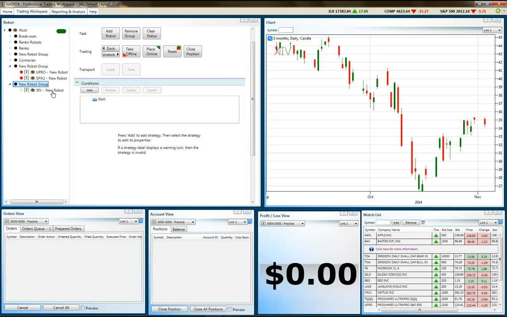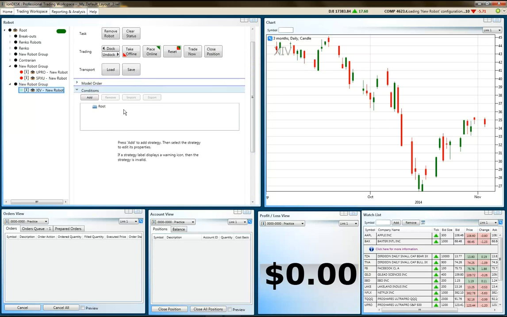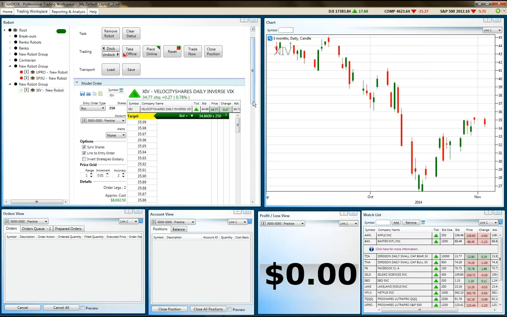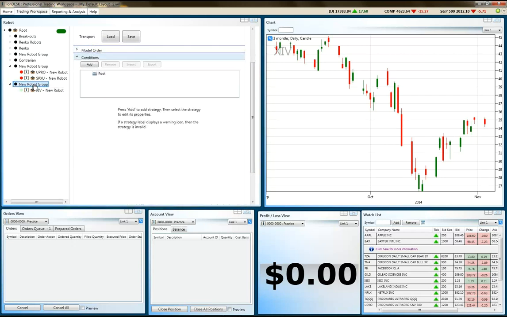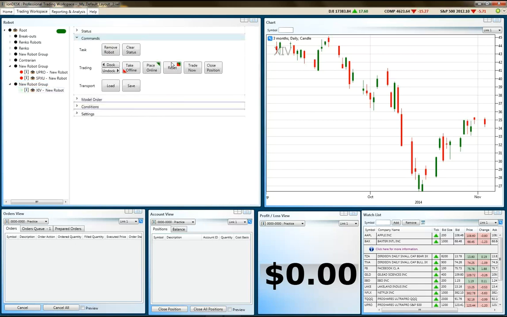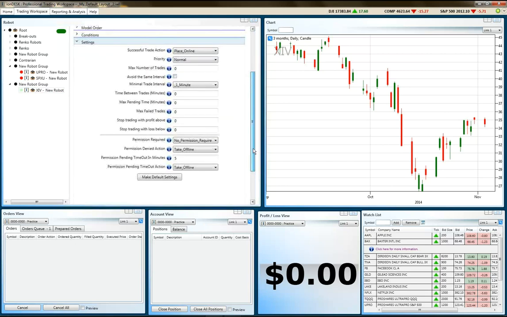Not only can you apply strategies at the order level, which we've done here, you can also apply them at a group level or at a robot level, and the order level and at the leg level. So there's a lot of places where you can apply some brains.